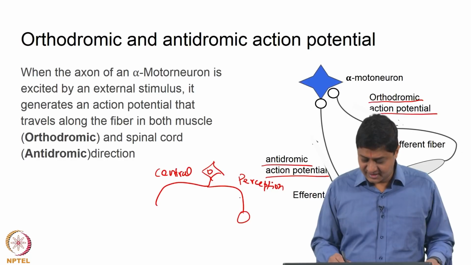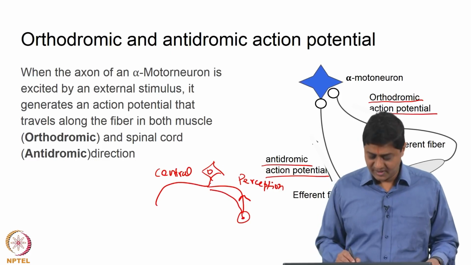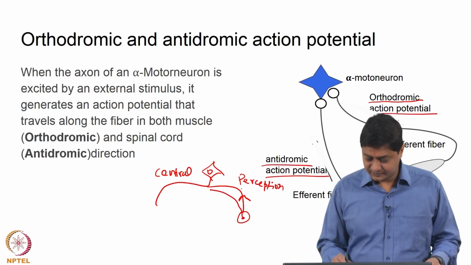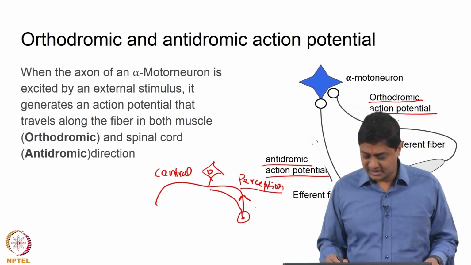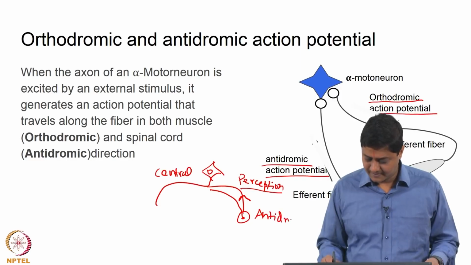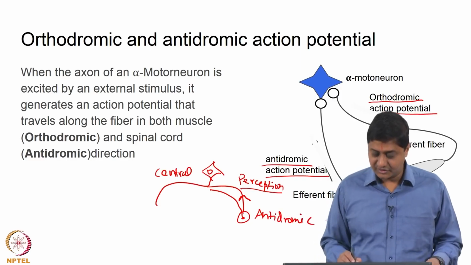So there is a sensor at the end, and the information travels from the periphery to the neuronal cell body. In that case, the conduction is called antidromic conduction.